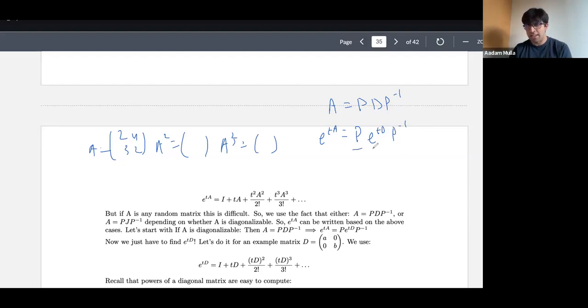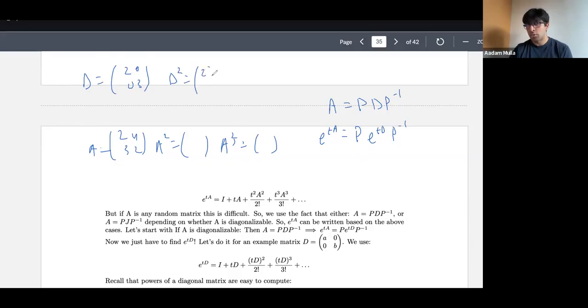Now, how do we find e to the td? Well, e to the td, if we plug in, the only difference is now instead of A being a regular matrix, this is now a diagonal matrix. And for diagonal matrices, it's easy to compute the powers. If your diagonal matrix is like 2, 3, 0, 0, and you do d squared, you can do the math and verify it, but you genuinely just square each one of the diagonal terms.